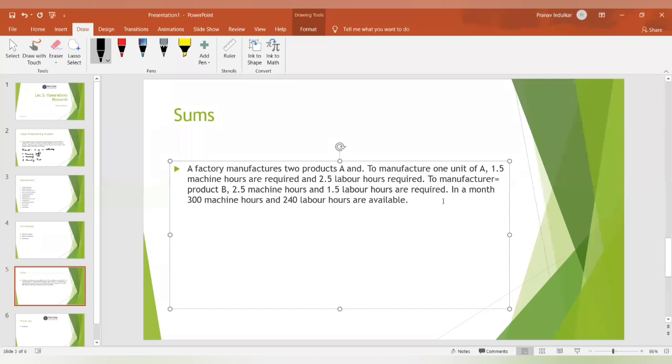You can only use 300 hours of machine time. Very good. So what is that 300 hours? Is it minimum 300 hours or it is maximum 300 hours?